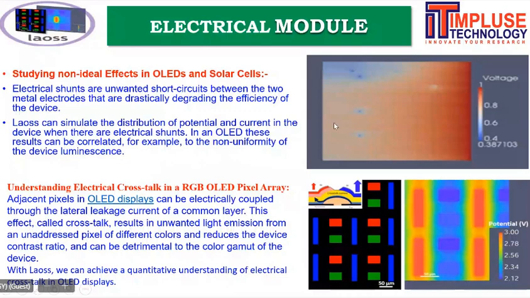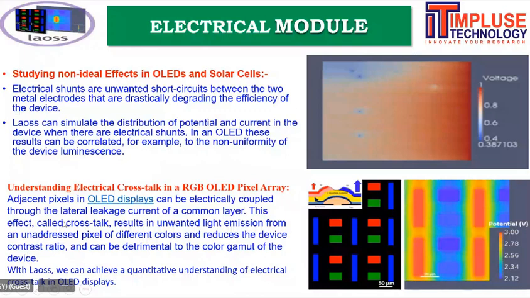Non-uniformity of the device can be simulated, and now you can see in this picture, understanding electrical crosstalk in an RGB OLED pixel array. Adjacent pixels in an OLED display can be electrically coupled through the lateral leakage current of a common layer.